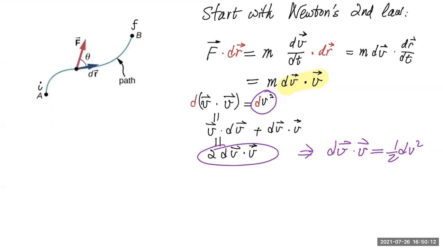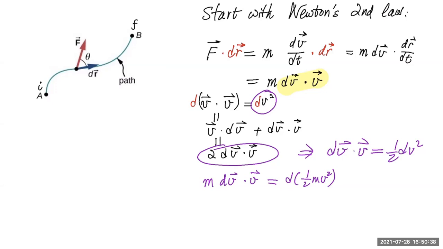So now the right-hand side can be rewritten as m dv dot v equals d of 1/2 mv squared. I took the 1/2 in, I took the m in, and dv dot v is the same as d of 1/2 v squared.